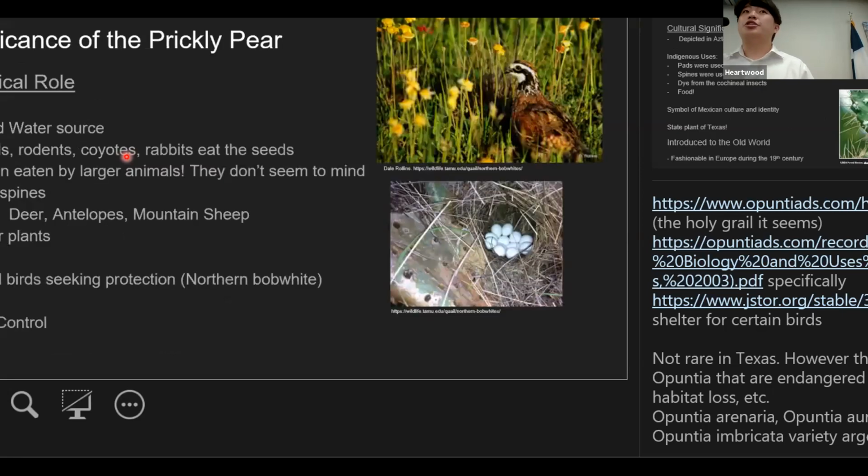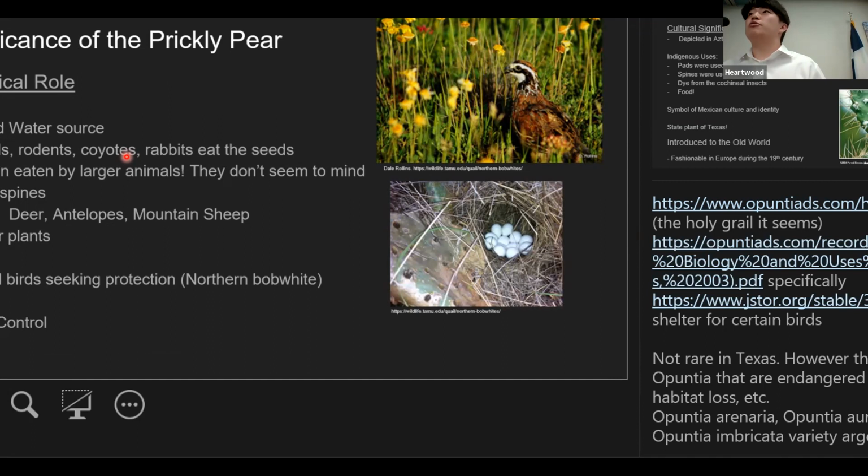Ecologically, the prickly pear is a significant food and water source in the desert environment. Their fruits especially are desired by many small rodents and birds. They tend to eat the flesh of the fruit, but they also go for the seeds.